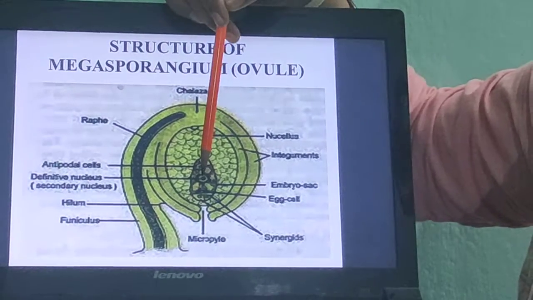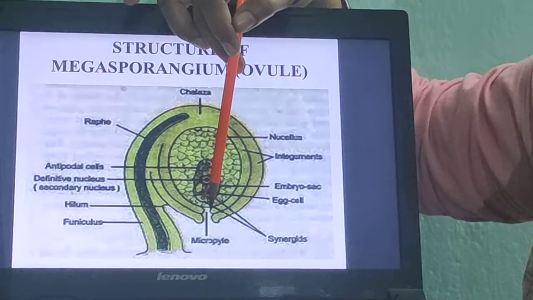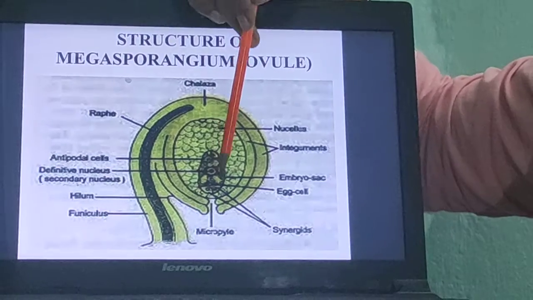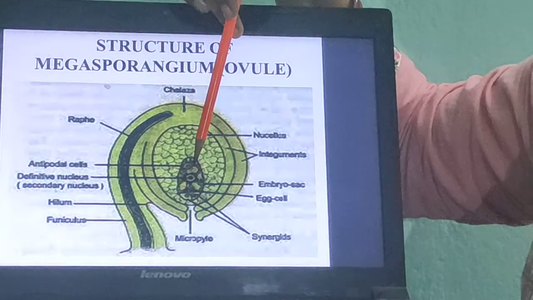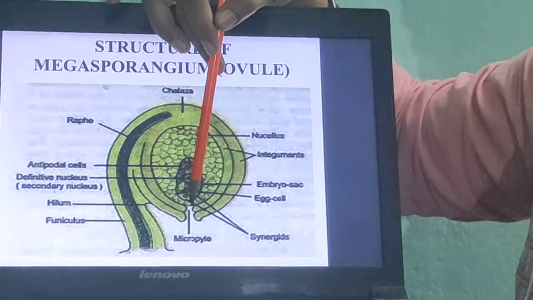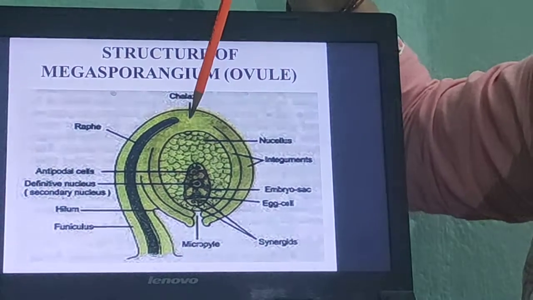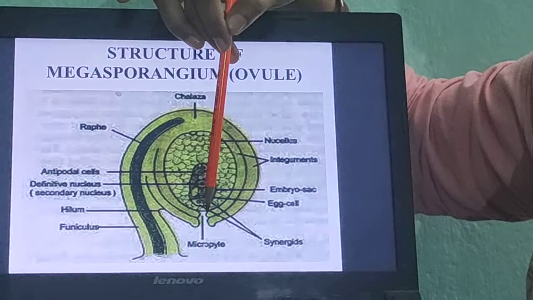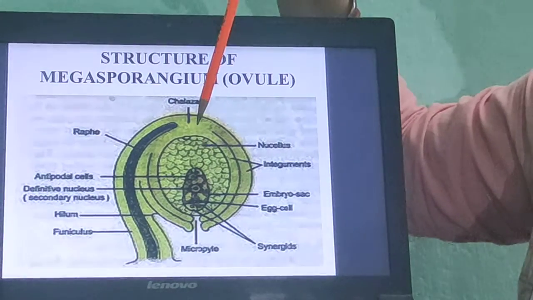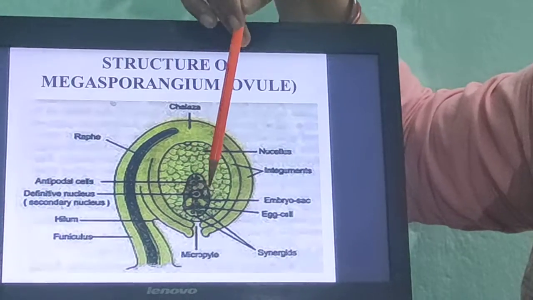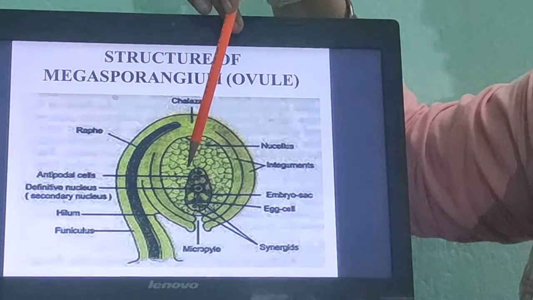And this embryo sac is present towards the micropyle. Clear? Just opposite to the micropyle, the portion of the ovule is known as the chalaza. So this is the micropylar end, and this is the chalazal end. Towards the micropylar end, the embryo sac is present in the nucellus.